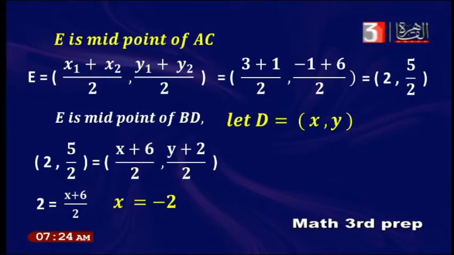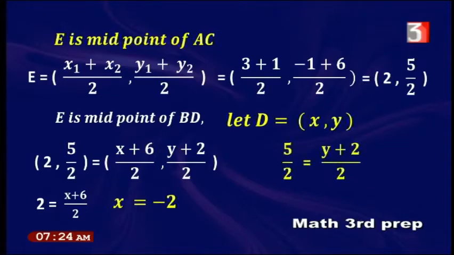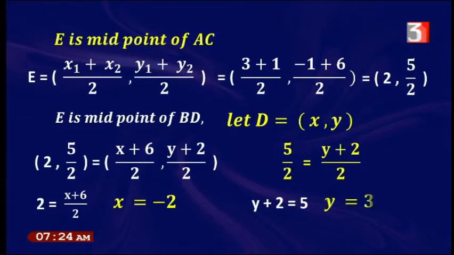Then we are going to equalize the y coordinates. So it is 5 over 2 equals y plus 2 over 2. By reducing, you are going to find that y plus 2 equals 5. And in this case, we can say that y equals 3.